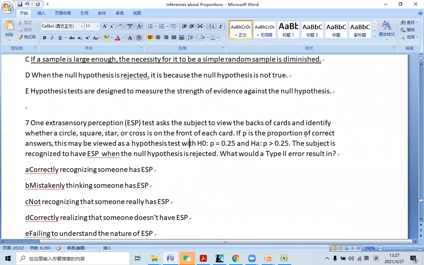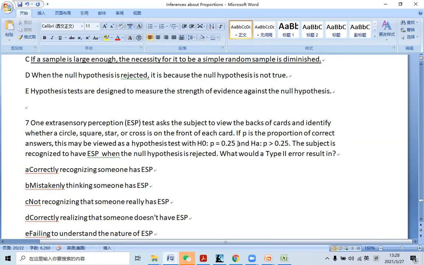And this may be viewed as the H0, the null hypothesis, P equals 0.25. Where does that come from? Where does this P equals 0.25 come from? That is 1 in 4. 1 in 4 equals guessing.